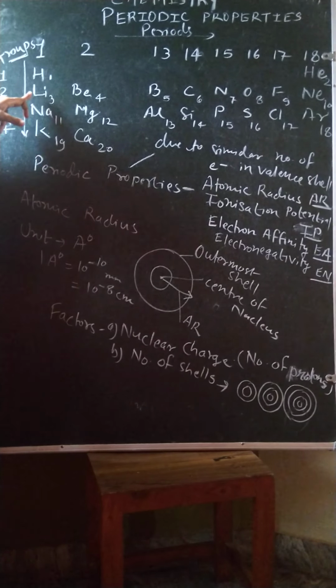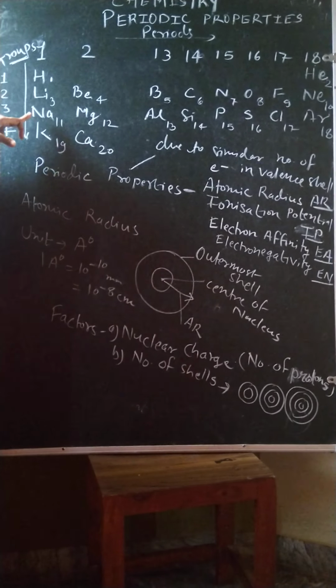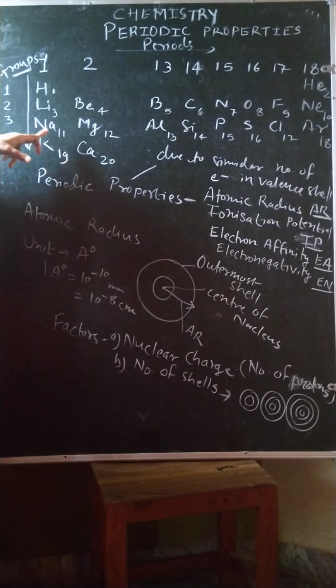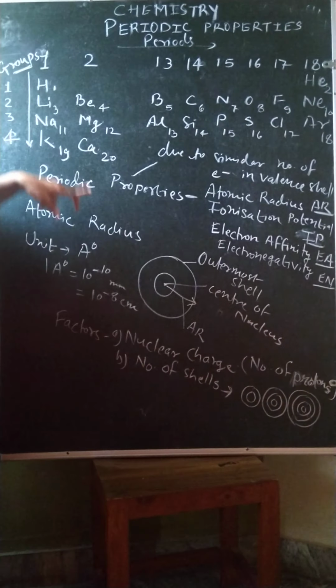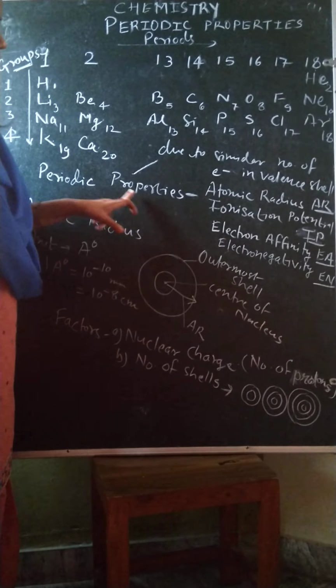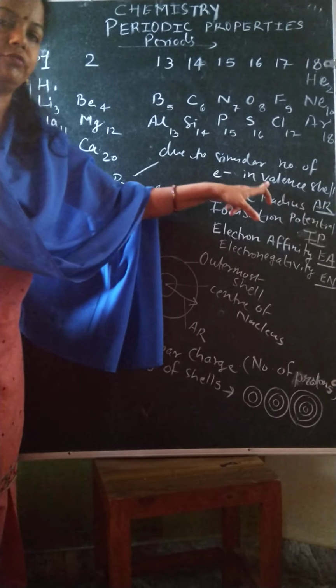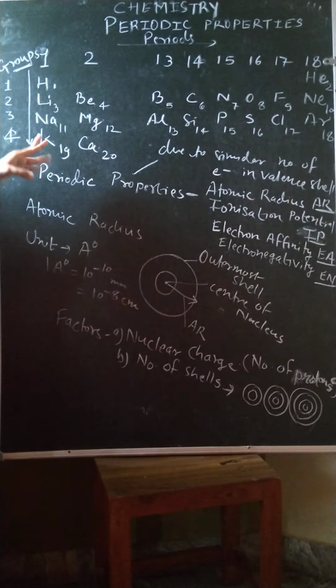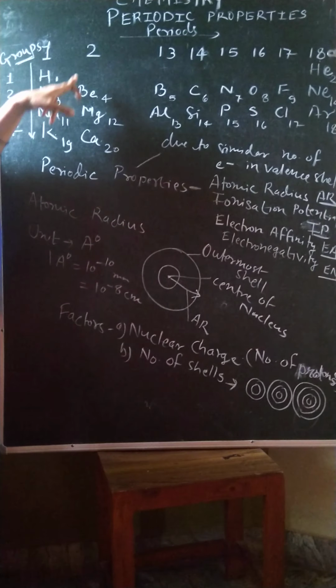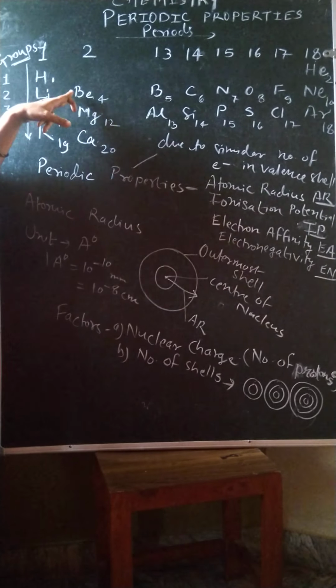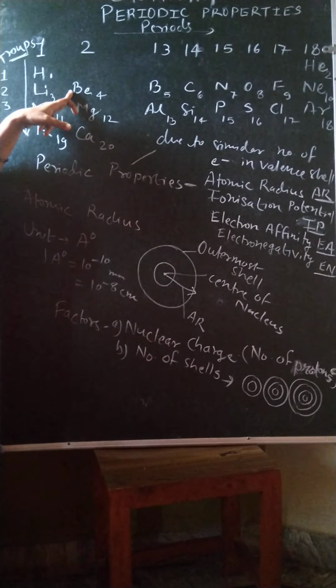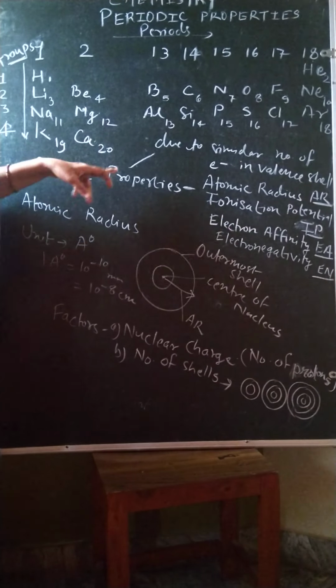In lithium, in the outermost shell 1 electron is there. In sodium also, in the outermost shell 1 electron is there. So the cause of periodic properties, or the cause of periodicity, is the similar number of valence electrons. For example, in group number 1, 1 electron will be there in the outermost shell. In group number 2, 2 electrons will be there in the outermost shell. That is the cause of periodicity.